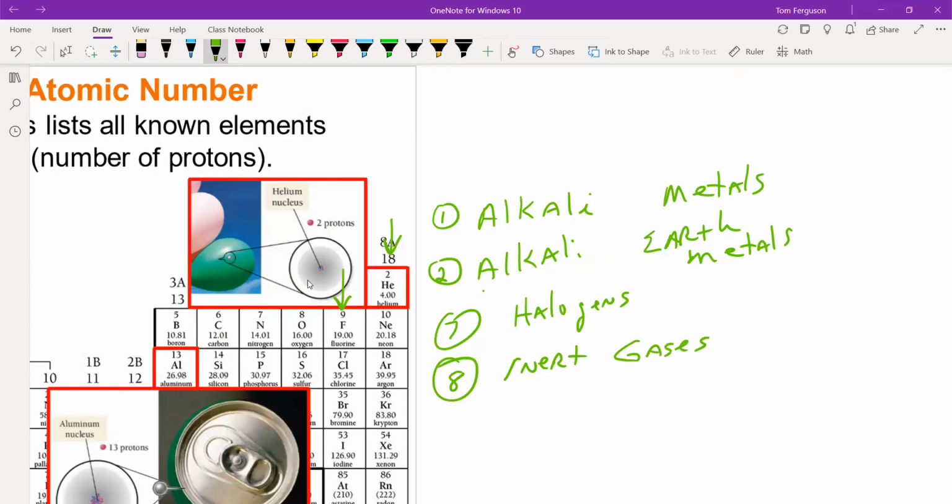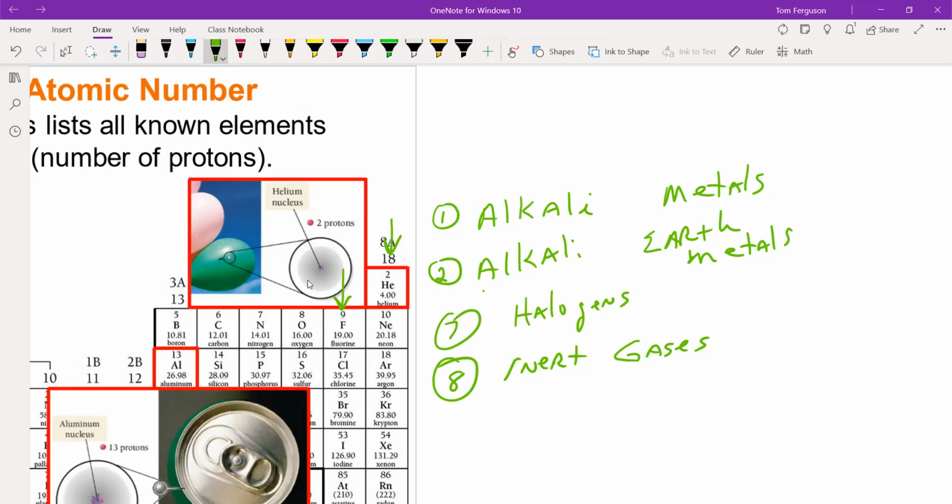inert gases. What does the word inert mean? It's like the law of inertia, not having the tendency to move or change position. What do you think it means chemically? It doesn't like to have a reaction.